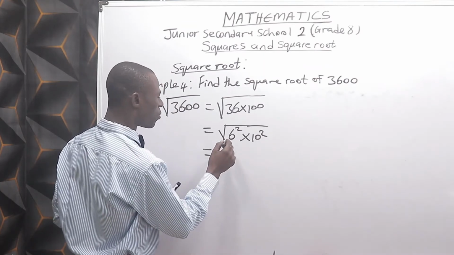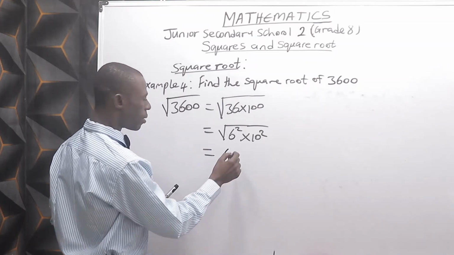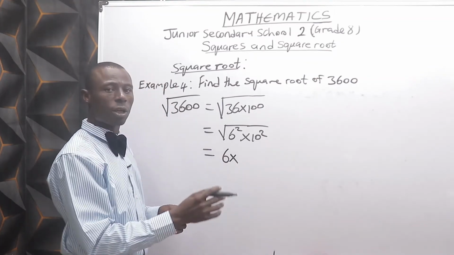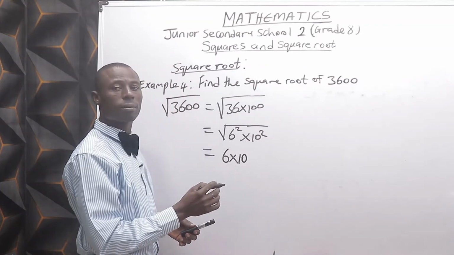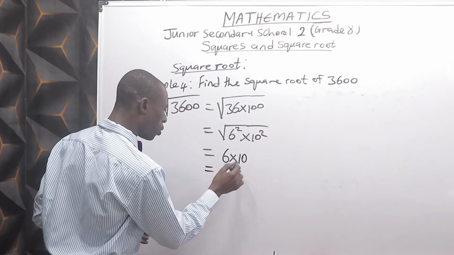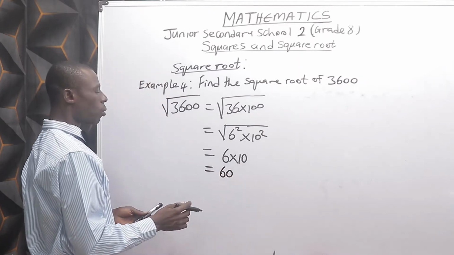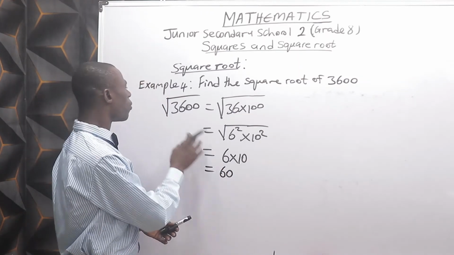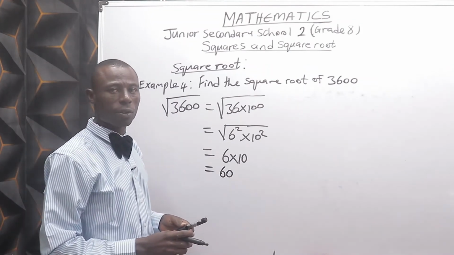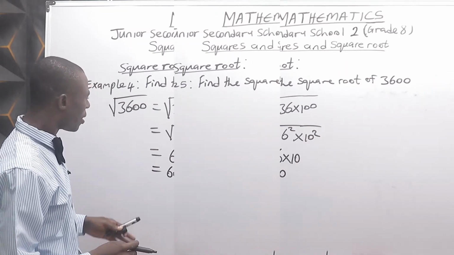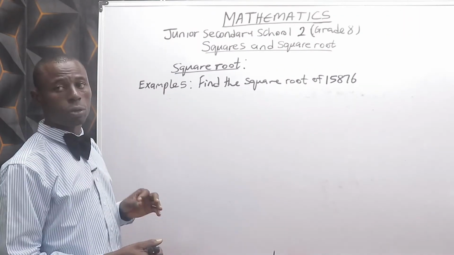The result of the square root of 6 square will be 6, while the result of the square root of 10 square will be 10. And the product of 6 and 10 will be 60. So 60 is the square root of 3,600. Do you understand?